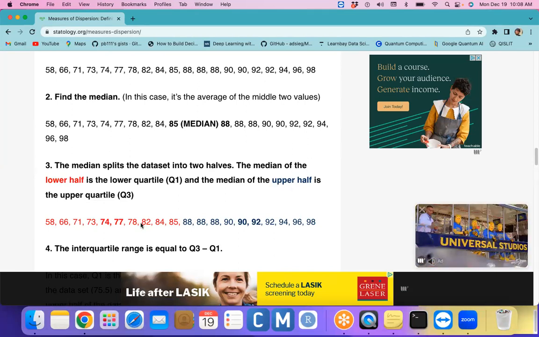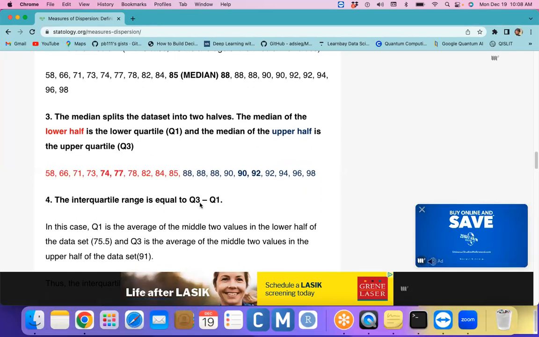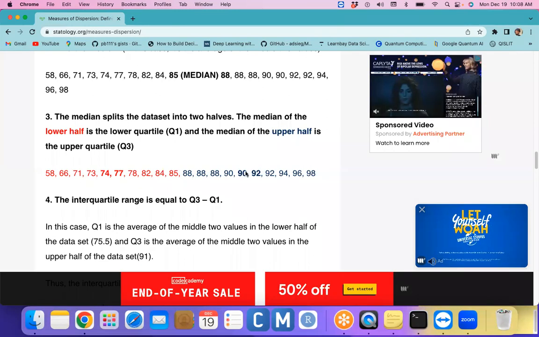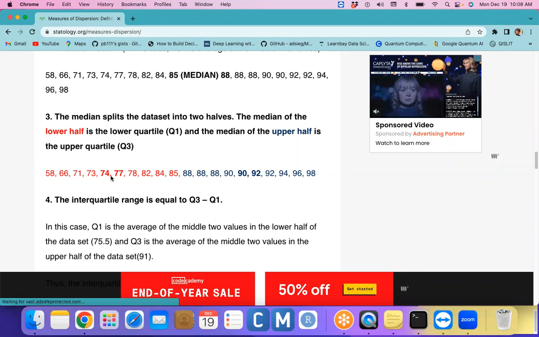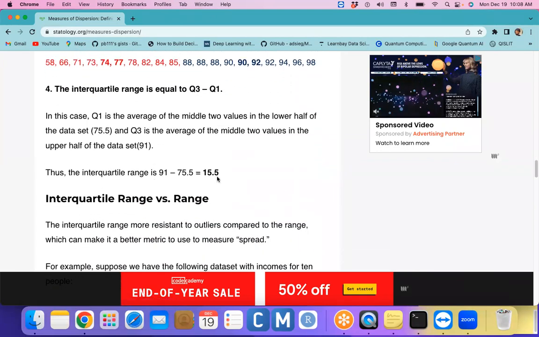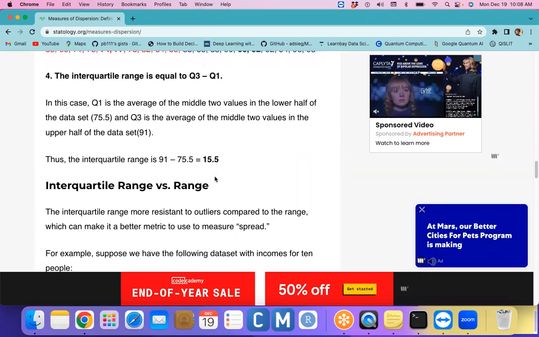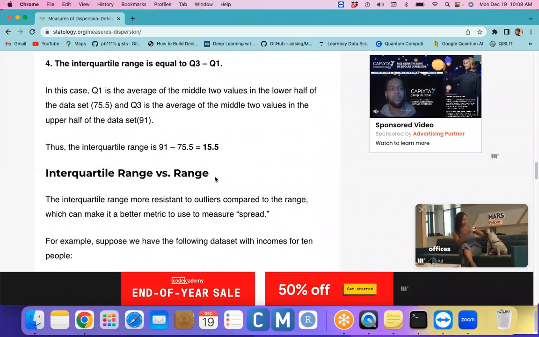Actually, these are the five elements. With these five elements, we can find the interquartile range: Q3 minus Q1. Q3 is 91 and Q1 is 75.5, so the interquartile range is 15.5. Okay, this is the way we can find the interquartile range.